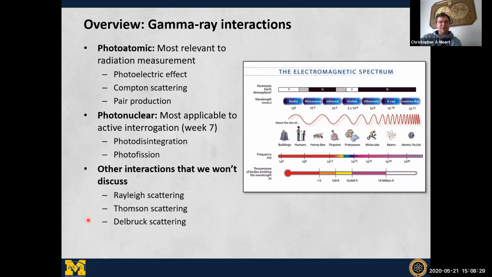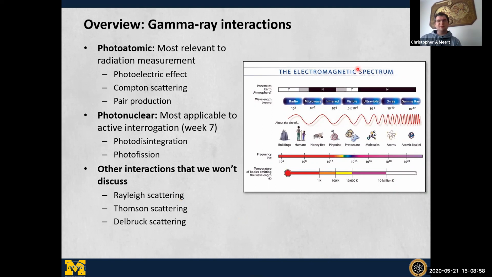They're the interactions that happen most inside our detectors. Photonuclear I'll talk briefly about, but this is more applicable for active interrogation scenarios, which we talk about in week 7, so it'll be just a short slide on that. There are other interactions we won't really talk about, things like Rayleigh scattering, Thomson scattering, Delbruck scattering. Those don't contribute much signal to our detection scenarios, but there are other modes of interaction out there.